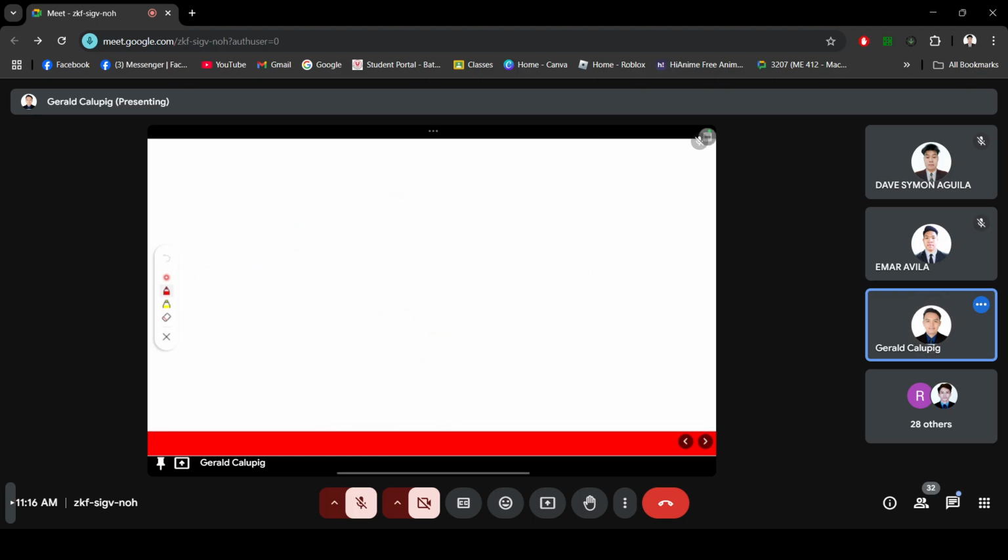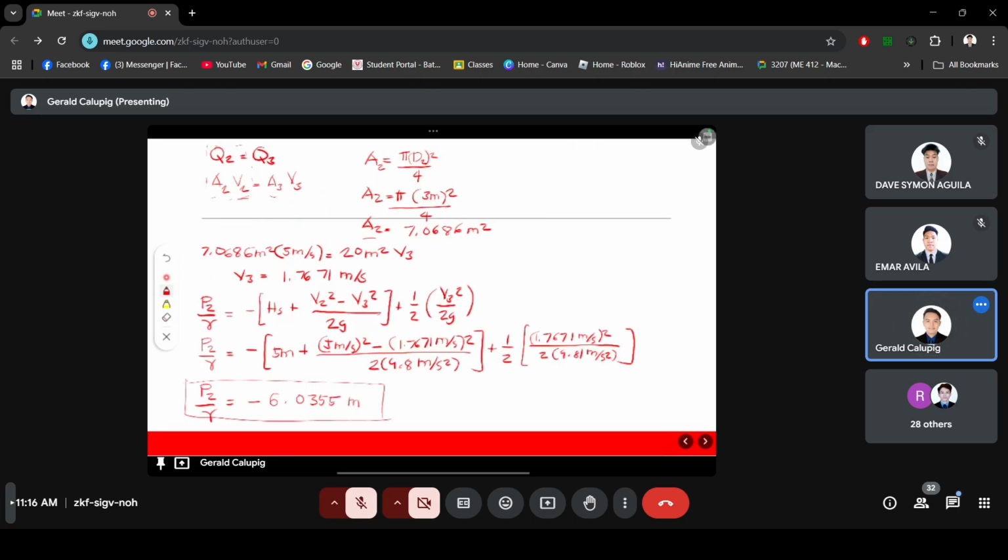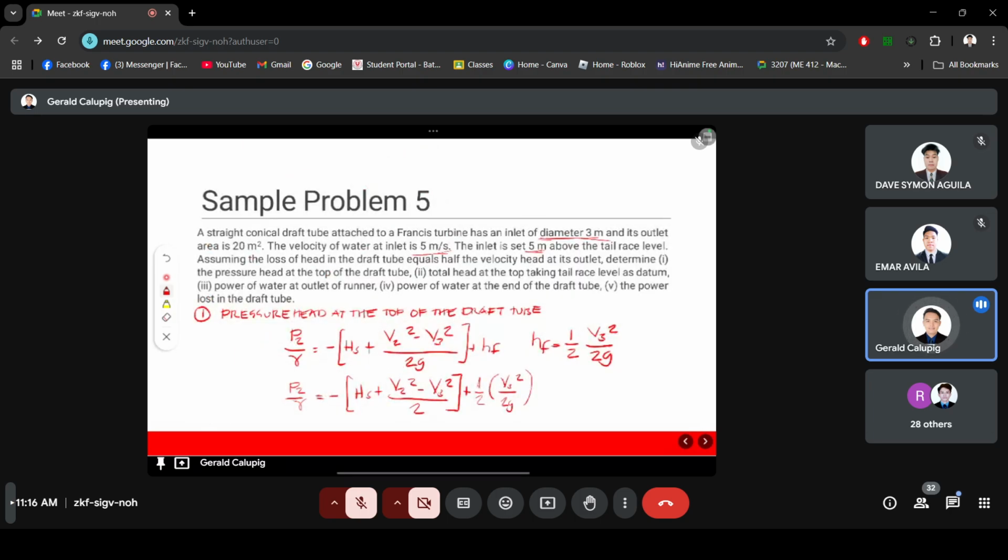Okay, next, second to the last, we have here the nung hinahanap, power of water at the end of the drop tube. Ano pong kukunin natin dito? Here, ang kukunin natin na H or the head natin dito is the total head at the end of the drop tube. Ano pong kukunin natin?